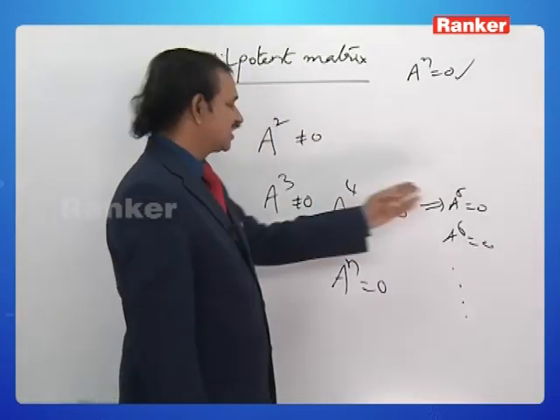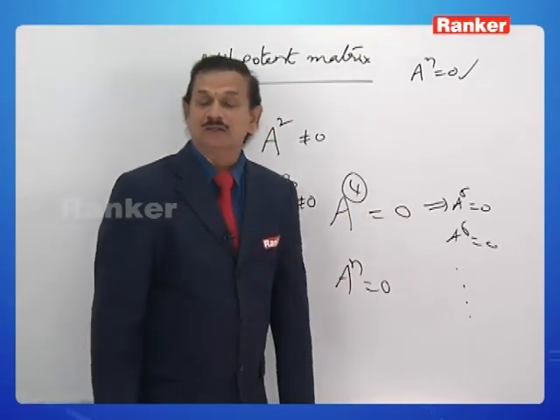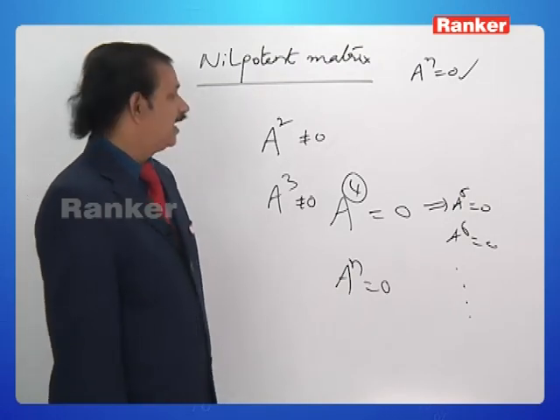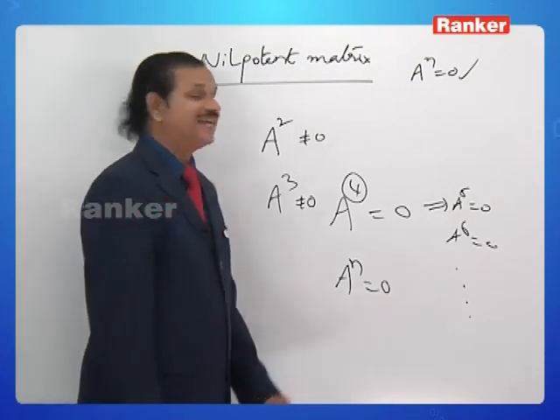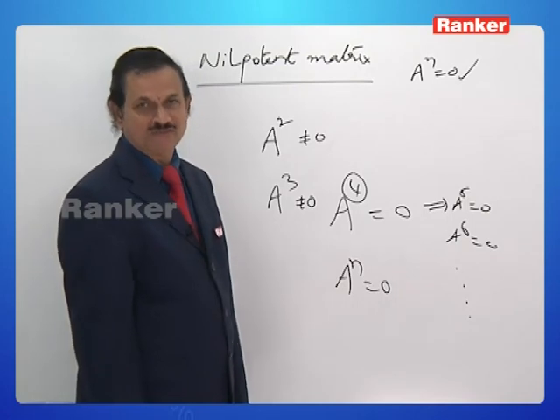Out of all these exponents, what is the least exponent? 4. In such a case, we say that the square matrix is nilpotent with the index of nilpotency as 4.